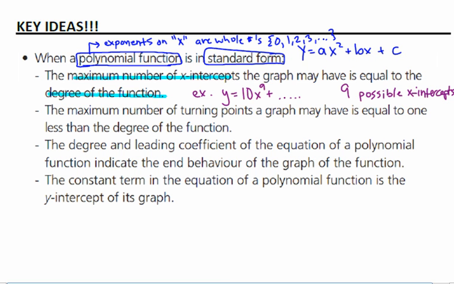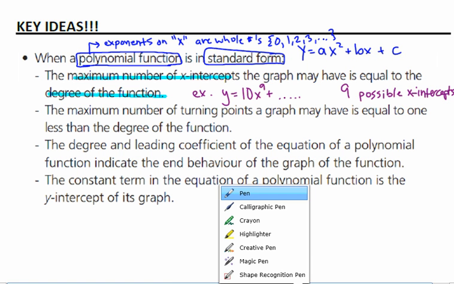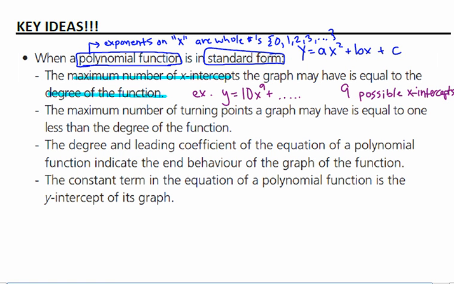Okay, the maximum number of turning points. We talked about this a little bit last day. The max number of turning points is 1 less than the degree. It's not always equal to that, it could be 0 turning points. Turning points are like mini maximums and minimums.